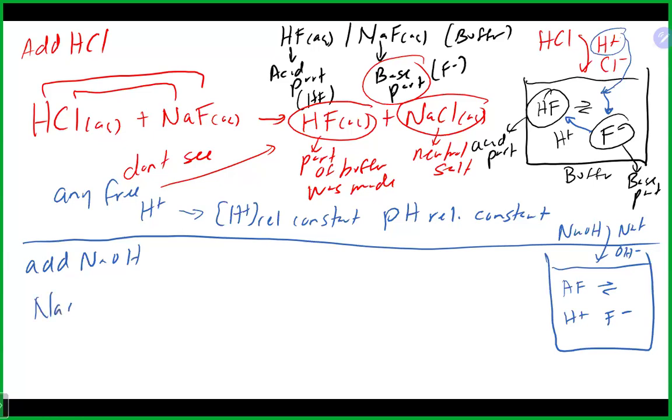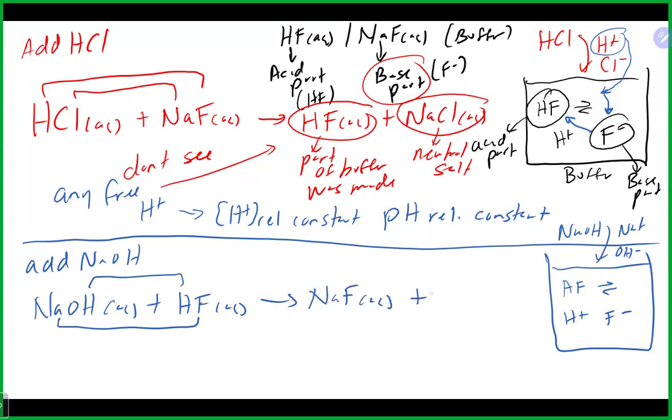It is a base, so it will react with the acid part of the buffer, which in this case is HF. And it will do an acid-base reaction, which is also a double displacement reaction. And it will make sodium fluoride, which is part of the buffer, and it'll make our friend water. Water is definitely not going to screw up the pH. And sodium fluoride was part of the buffer to begin with.